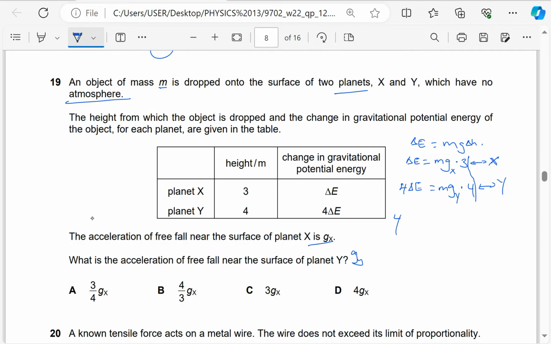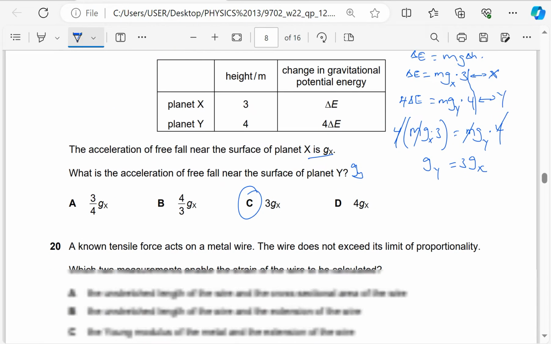So 4 times m gx times 3 should be equal to m gy times 4. The 4 cancels out. The m has cancelled out. So I'm seeing that gy is equal to 3 times gx. Gy is 3 times gx, so the answer is going to be C.